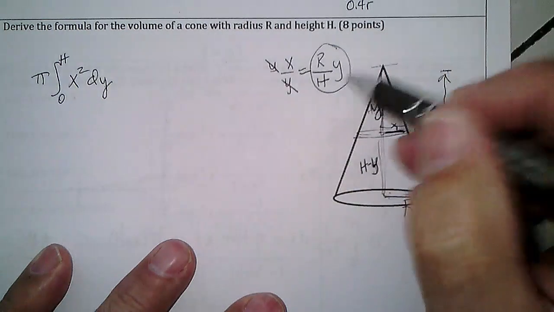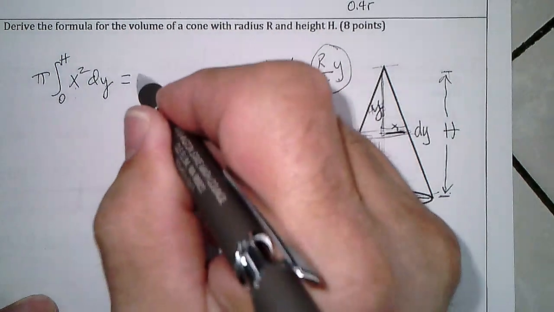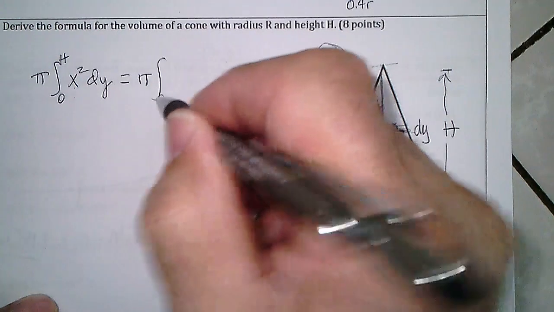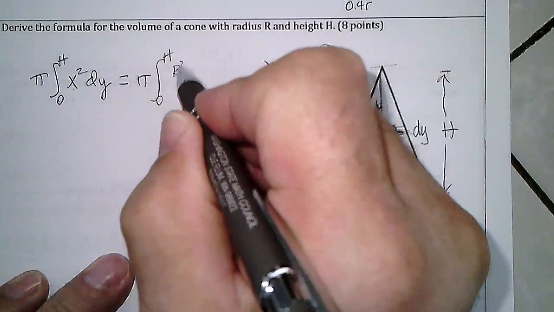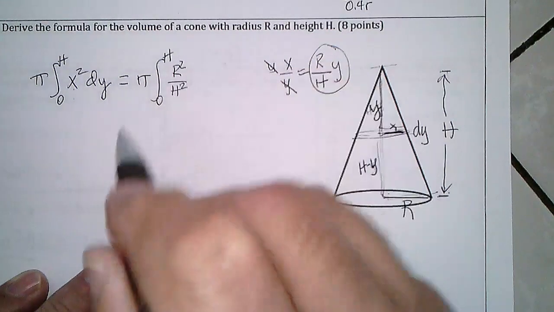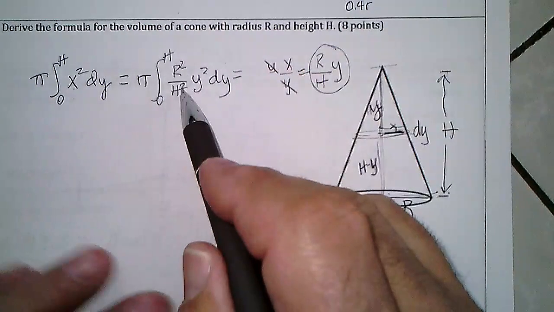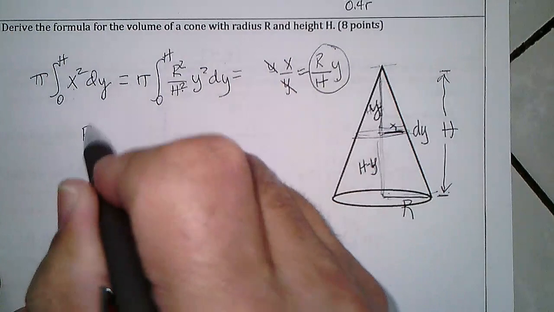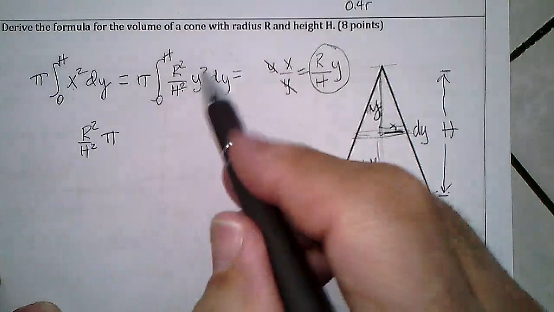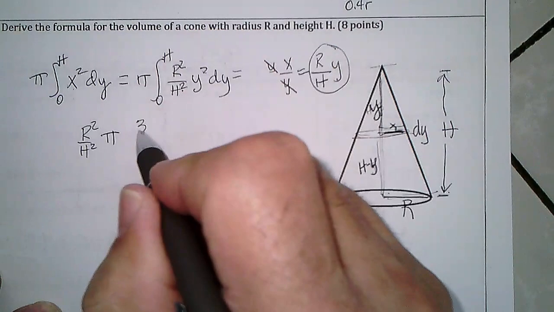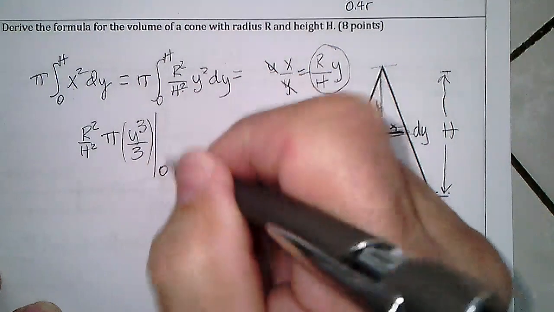And I can put this in for the x in this equation, and I would get pi, 0 to h, of r squared over h squared y squared dy. And the r's and h's are constant, so I've got r squared over h squared pi, and y squared integrated would be y to the third over 3, evaluated from 0 to h.